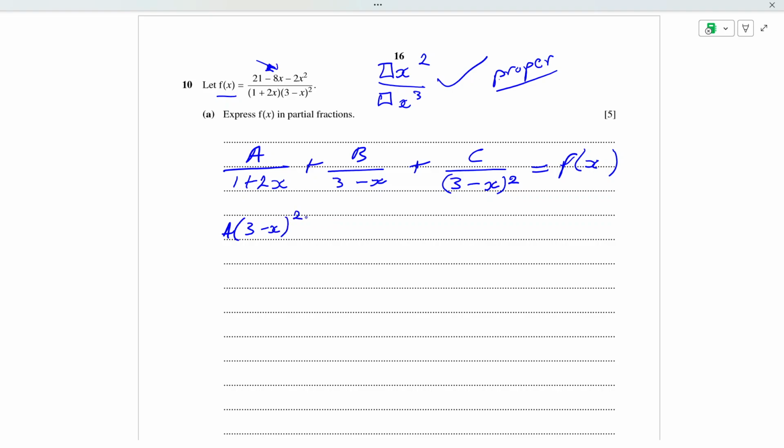Then plus b, do the same thing here, with 1 plus 2x. Essentially we're just repeating the same procedure used to get f of x, but with the unknown values a, b and c. Then plus c times 1 plus 2x times 3 minus x, and all of that is equal to f of x. In this case, just the numerator of f of x.